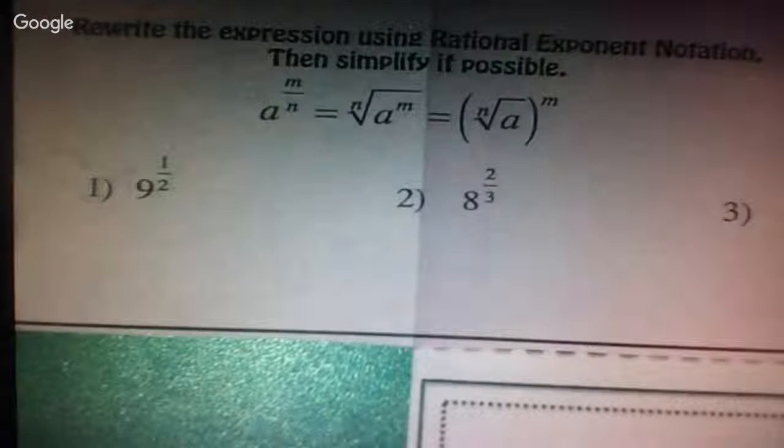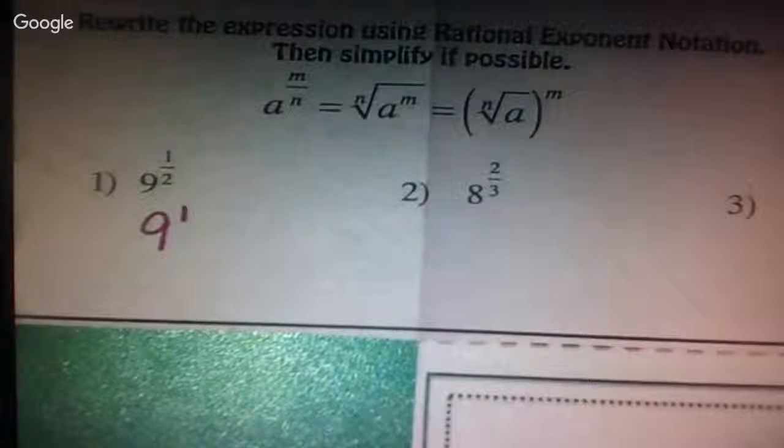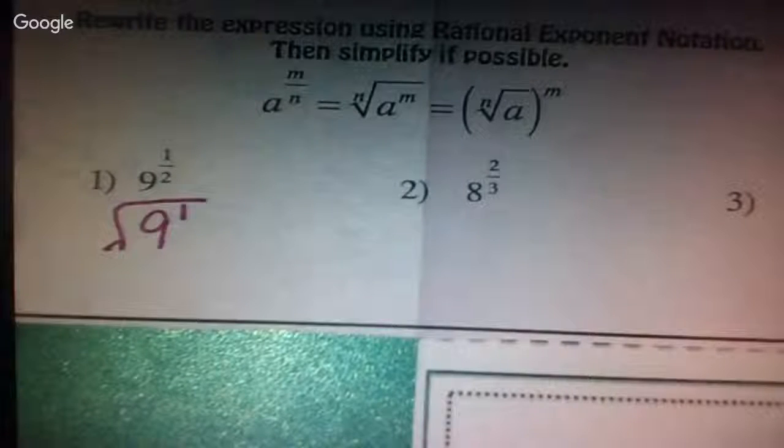Whatever I raise it to, the top part of my fraction becomes the power. So this is 9 to the power of 1. Your bottom part of the fraction becomes the root. So it's 2, which means we take the square root of 9 to the 1st power. That's what that's telling me.